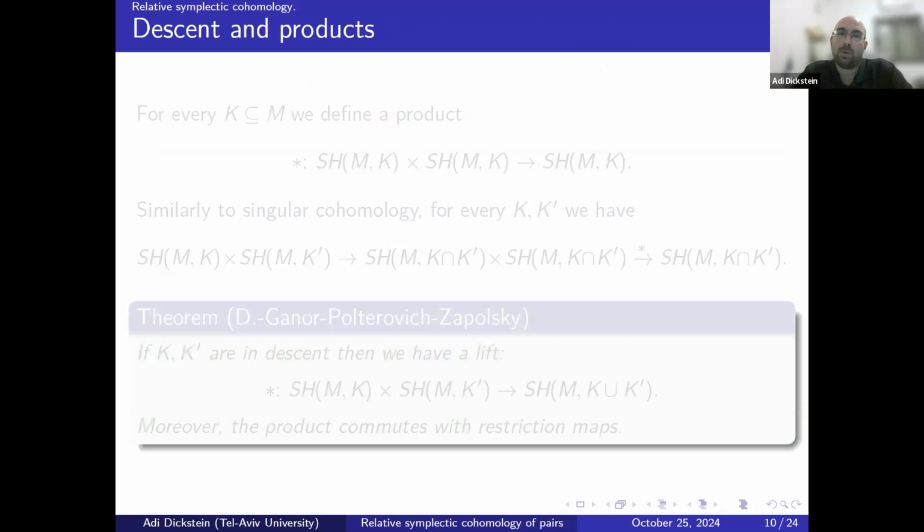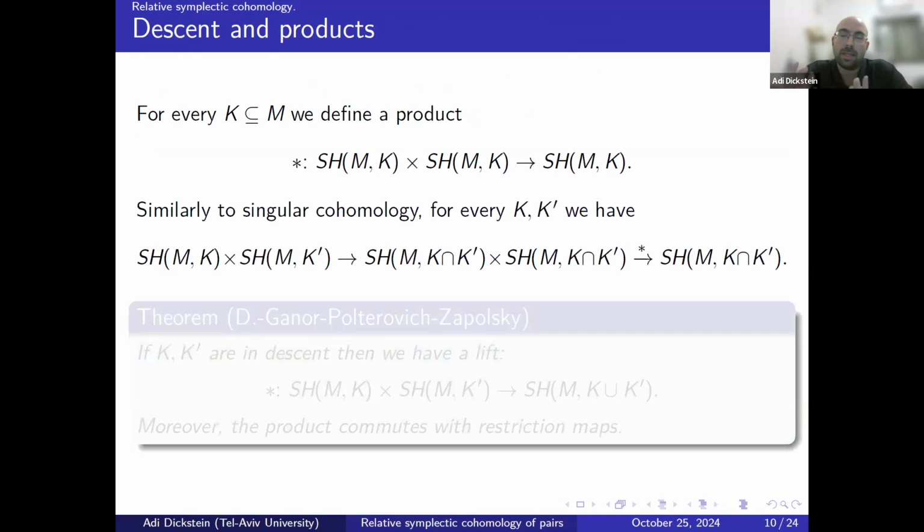Now, what we proved: we construct a product structure on the relative symplectic cohomology of pairs. Like in the case of singular cohomology, we have a product for two subsets K and K prime, from the relative symplectic cohomology of (M, K) times (M, K prime) to (M, the intersection).